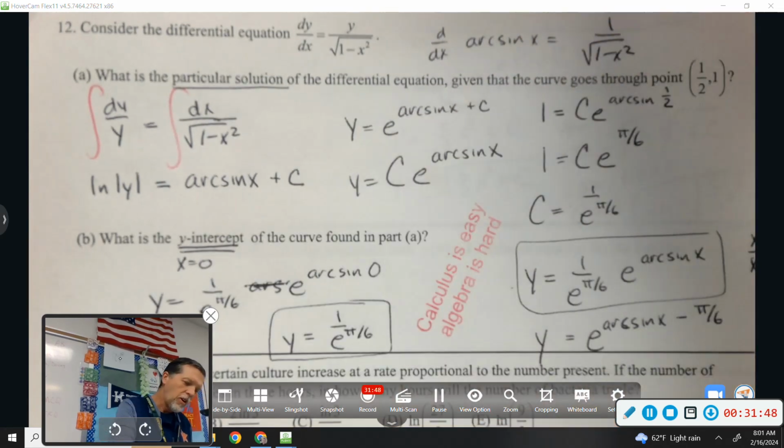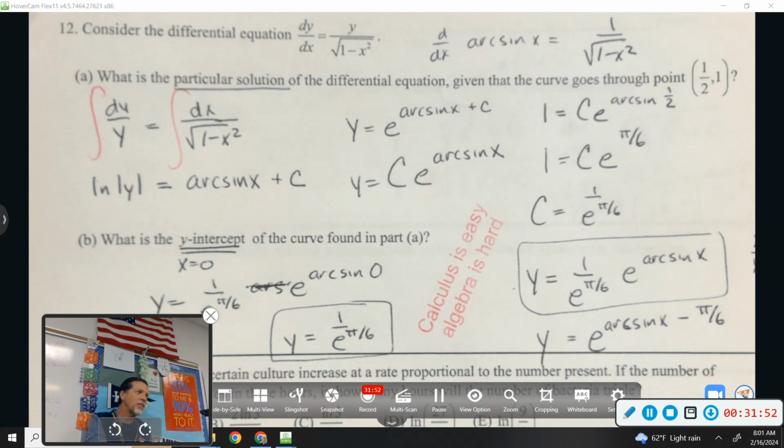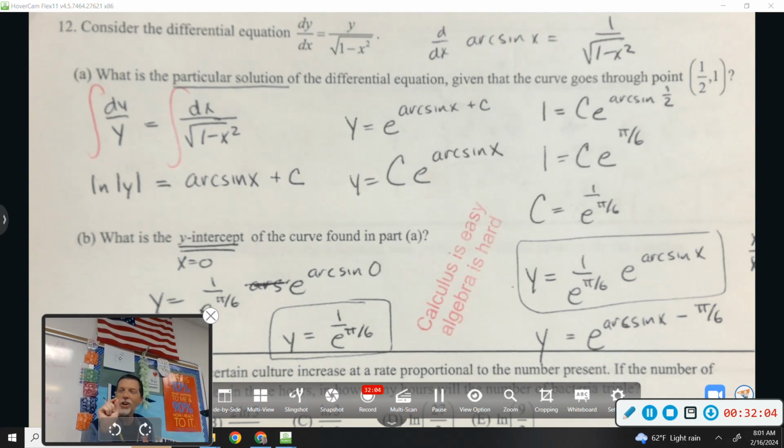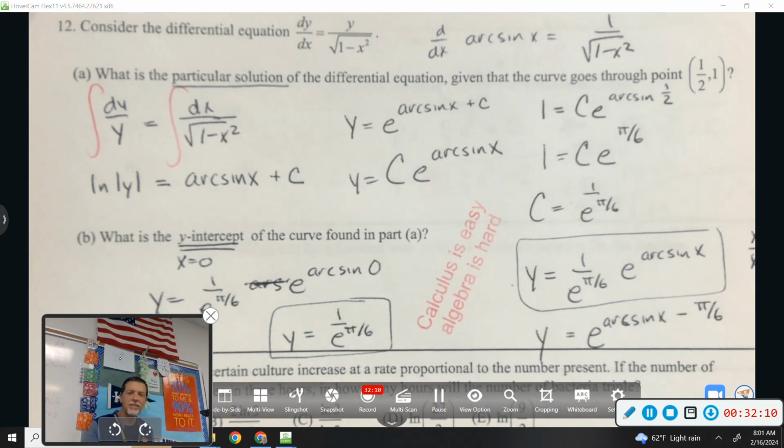Hardest part of calculus is the first 12 years. Calculus is easy, algebra is hard. Like all those, you got to know all of the things leading up to do really well on the AP calculus test. Now you've seen some problems where it's like targeted calculus questions. You can get those right, but if you really want to make a 5, you need to be able to get it all in your brain.